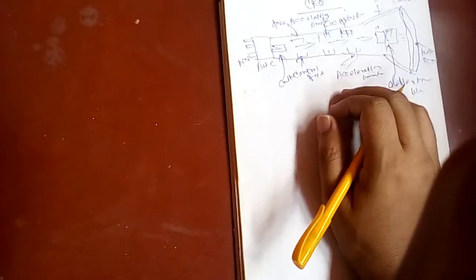The density of the electrons depends upon the control grid. This is the control grid, and here is the cathode. The electrons go in this direction.